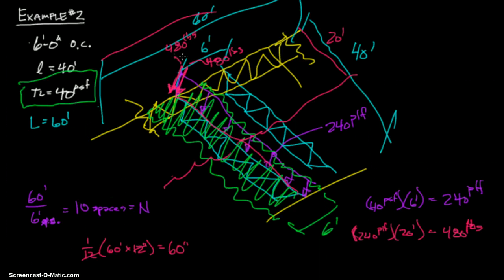But what would that be? When I say 480, I meant 4,800. I forgot another zero. All I was doing is 240 times 2. It's actually 240 times 20, so that'd be 4,800. 4,800, 4,800. All right, so together you get what? 9,600.